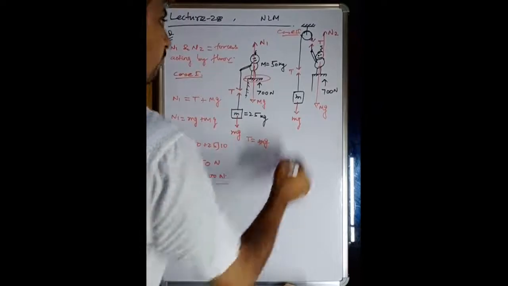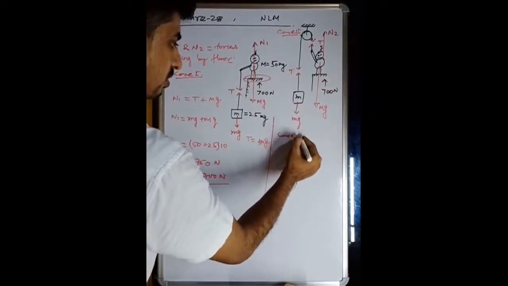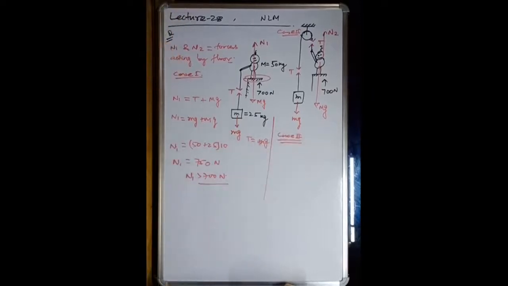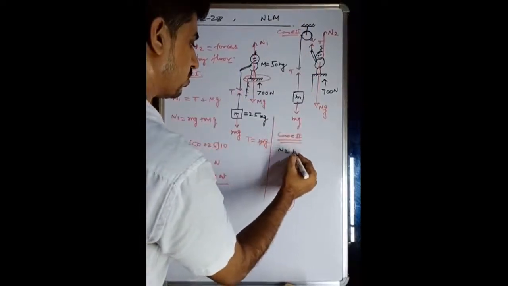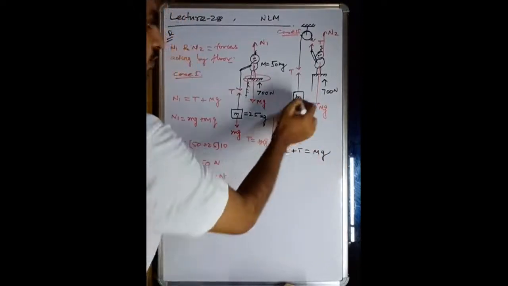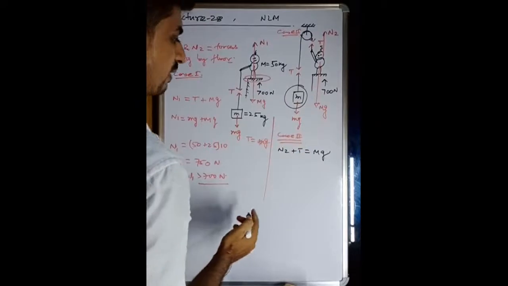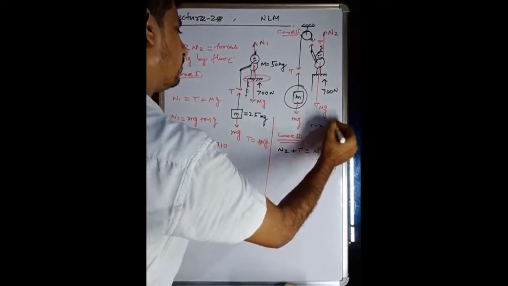Now here in the second case, case 2, try to understand. The second case I am going to plot over here. For the man, you can see the two forces acting in the upward direction. It is N2 plus T, which equals Mg. Again from this block you can see T equals mg, small m times g.